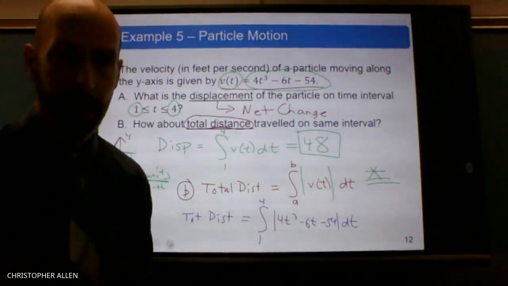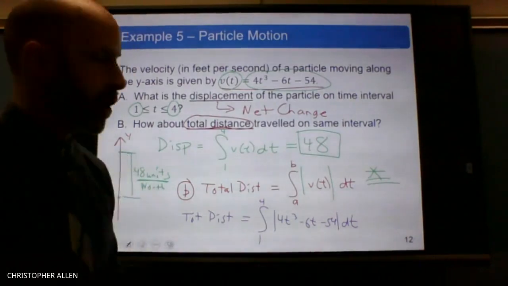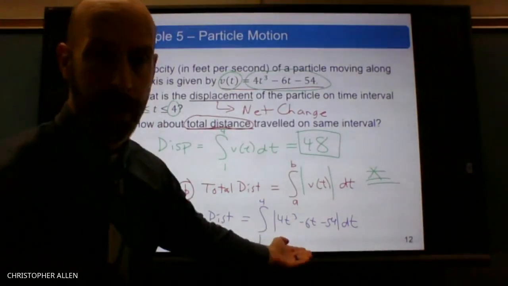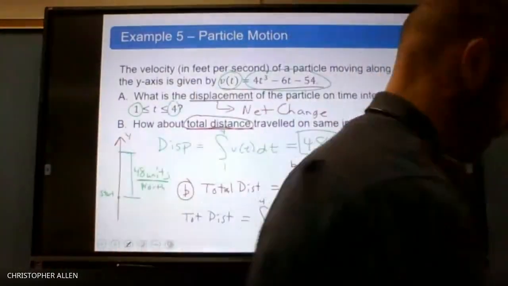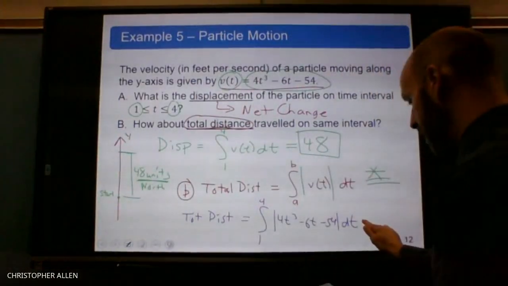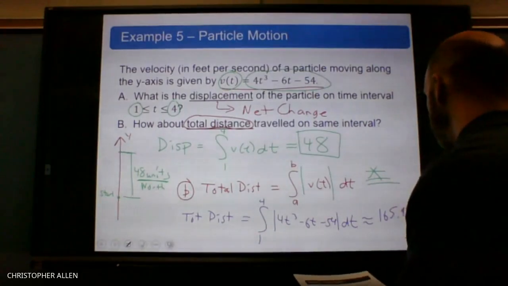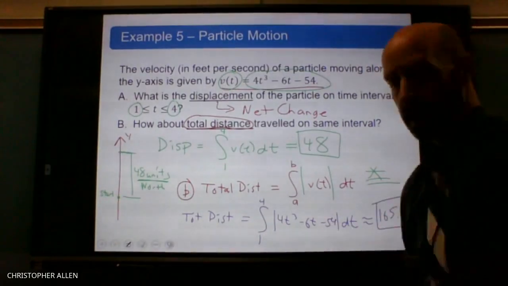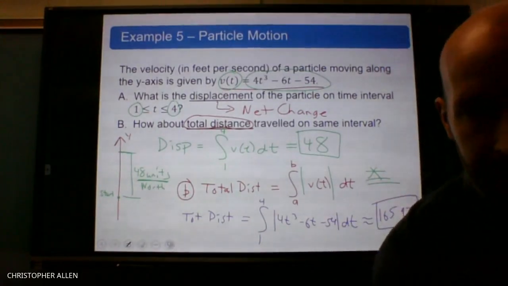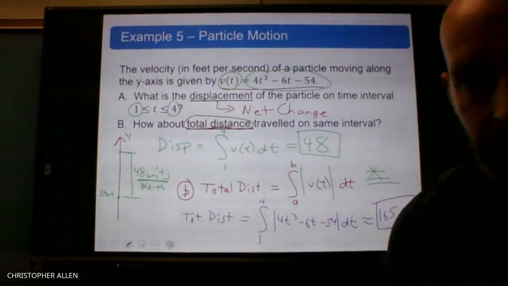And you can. I'm going to leave that for another day. I would just use my calculator for this. In fact, that's what I did. You can do it by hand. You'll get an answer of 165.971. That is the total distance that the particle traveled.